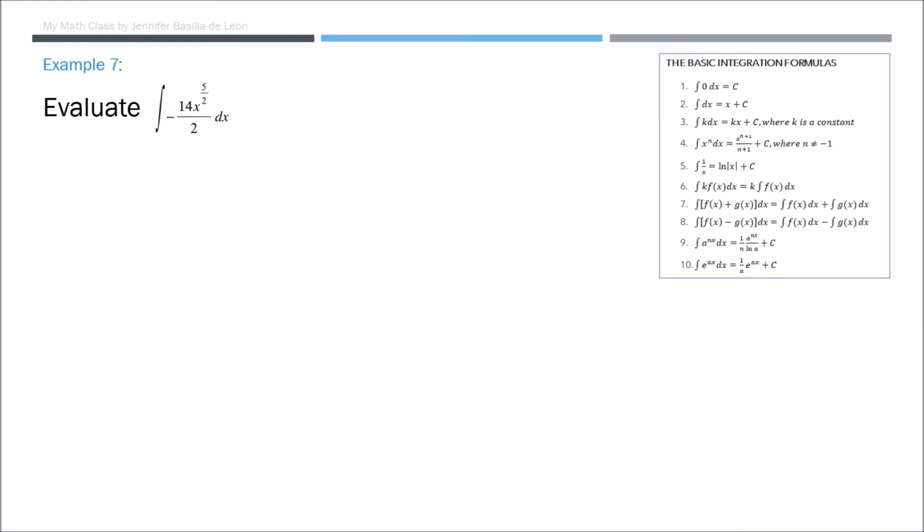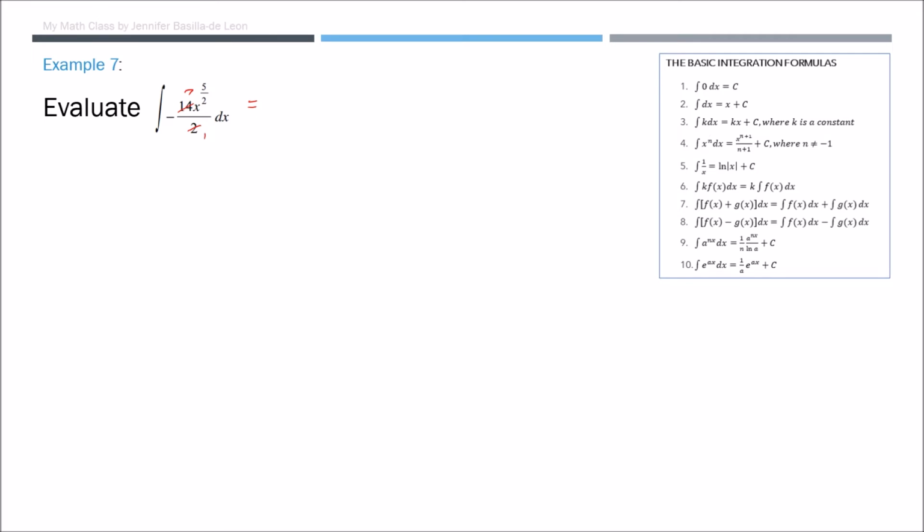Now let's have example number 7. Evaluate the antiderivative of negative 14x raised to 5 halves over 2. Now we simplify first the numerical coefficient, okay, by dividing both numbers by 2. We will have 7, and here we have 1.